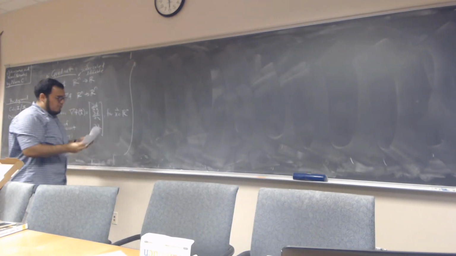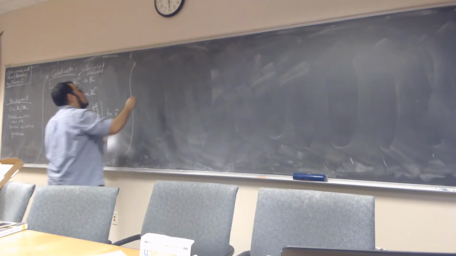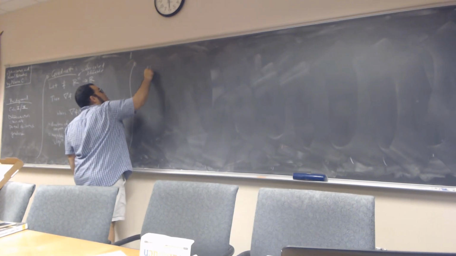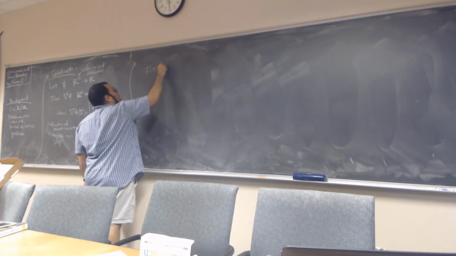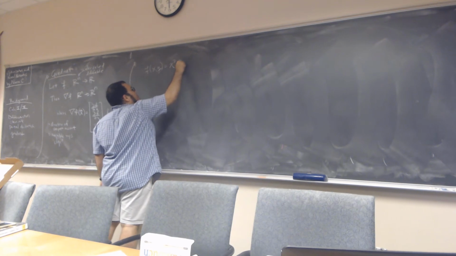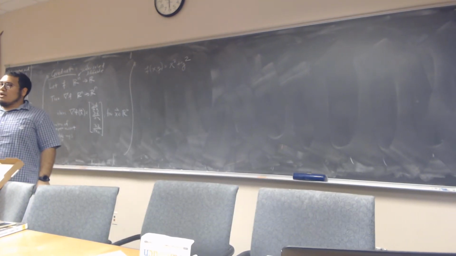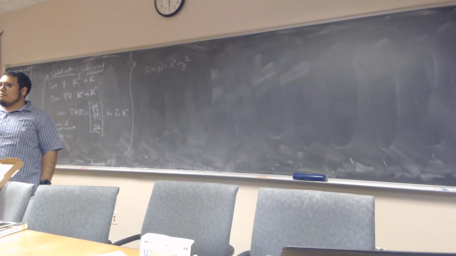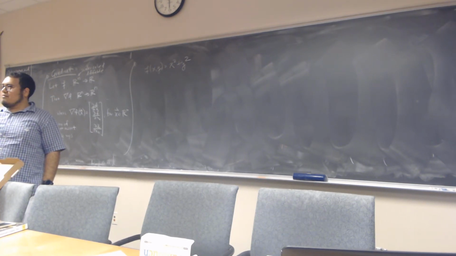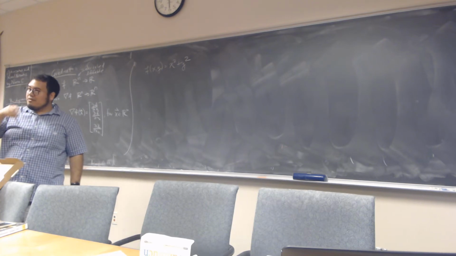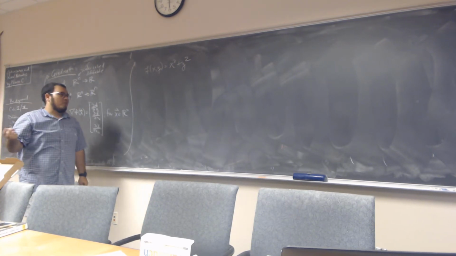So let's do an example. Let's say we have a function of two variables, and it's written as x squared plus y squared. What shape does this function have? Yeah, go ahead, Alex. A parabolic. Yeah, it's a paraboloid, right?